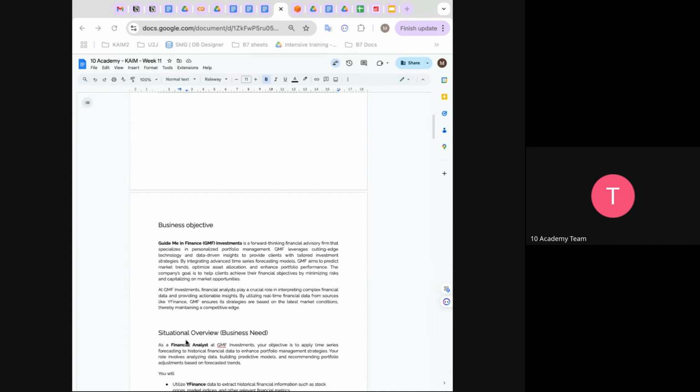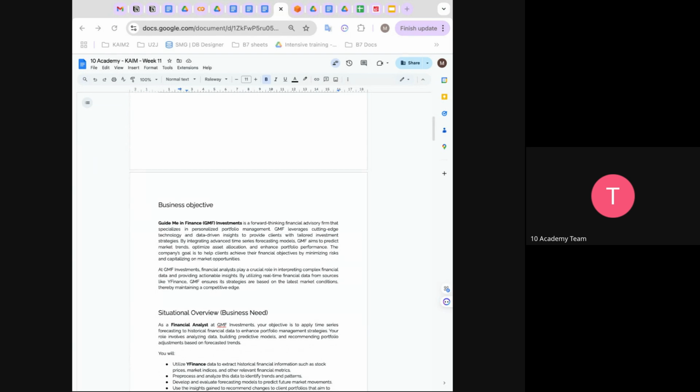And based on this, as a financial analyst, you are expected to do financial time series forecasting on historical data, plus predicting the future and checking to enhance the portfolio management strategy. That means you have historical data which is available on Y-Finance, and you need to download it for the 3 scenarios that we have selected here, and you need to analyze them in terms of seasonality or any trend or any pattern in the historical data shown.